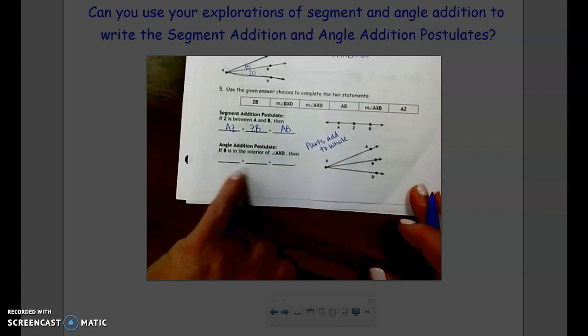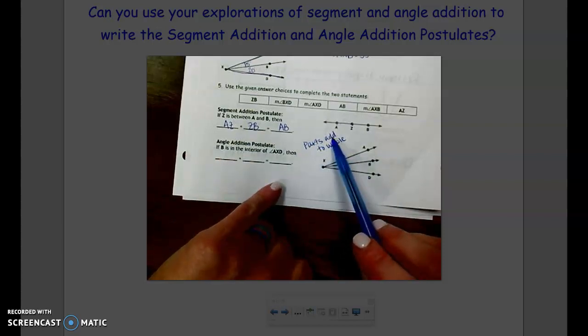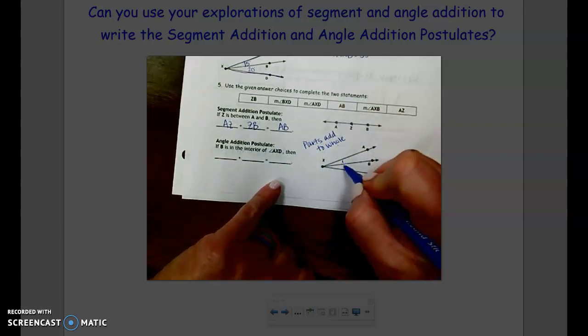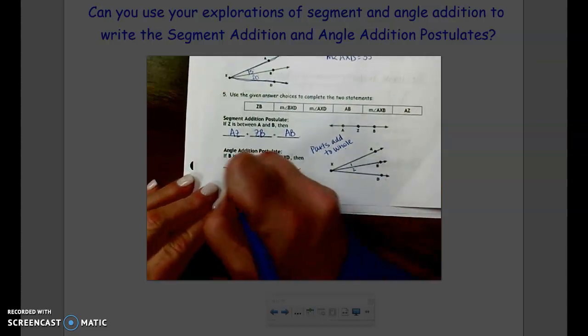Same thing with the angle addition postulate. We're assuming B is inside angle AXD, and again, the parts are adding to the whole. So these are my two parts I need to name. This is angle AXB. We're saying the measure of it because we're talking about a number here.